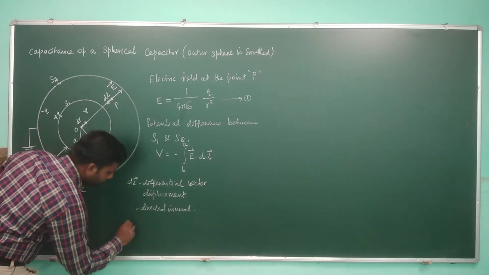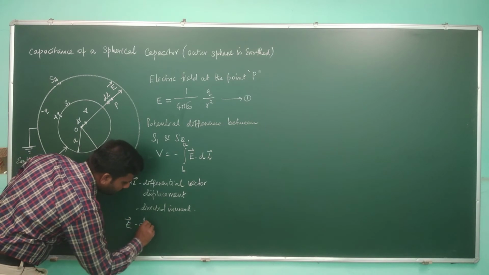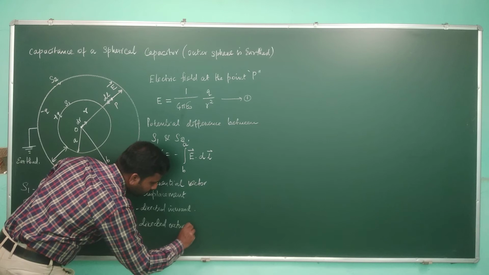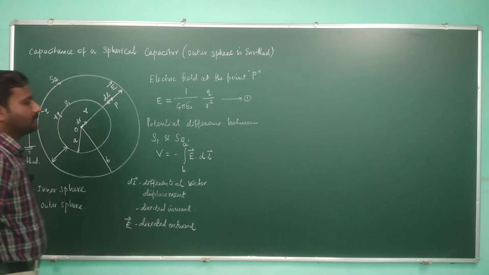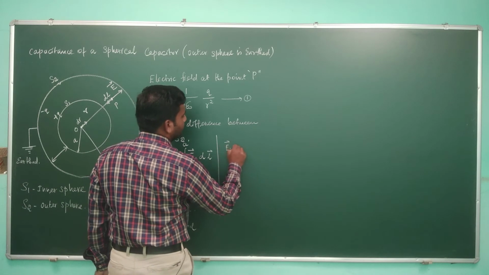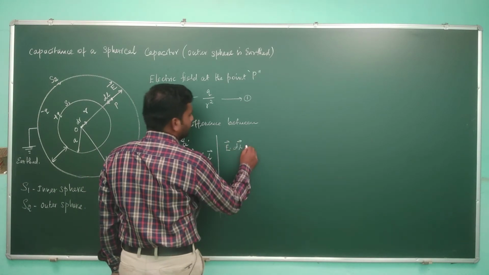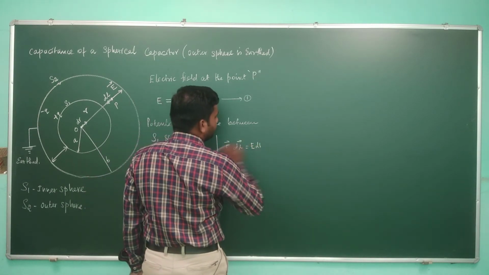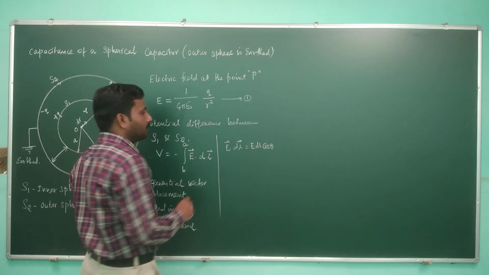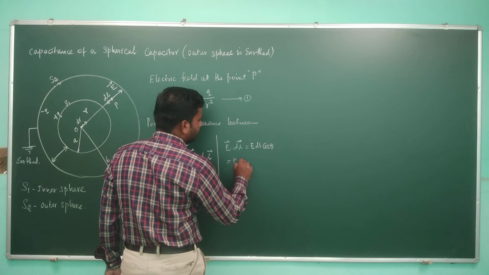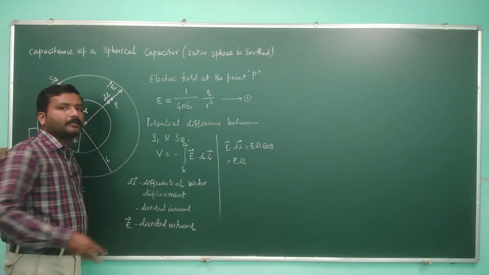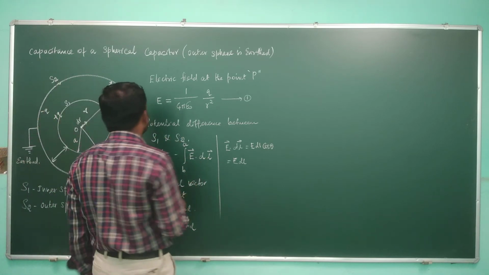So here E vector is directed outward. In this scenario, if you write E vector dot dl vector, you can remove the vector notation by writing E cos theta, but this E vector and dl vector are pointing in opposite directions.